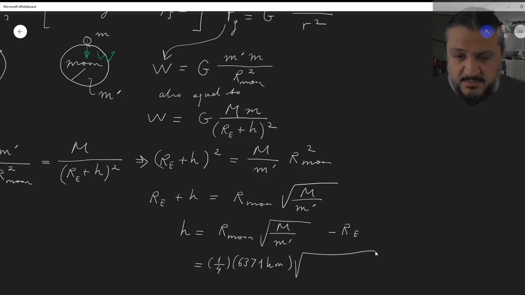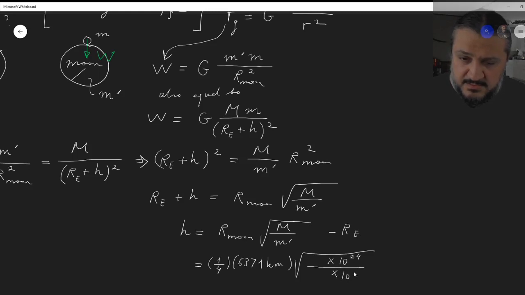Now we need the mass of Earth, and we need to divide that by the mass of the Moon. Now these will be in kilograms, and the mass of the Earth is on the order of 10 to the 24th power.